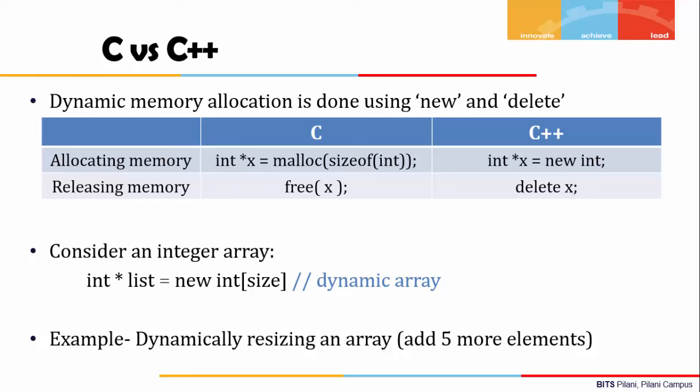So I want to resize this array, whose name is list, so that it has space for 5 more elements, assuming that the old one is full. So what are the steps required? Let us see.